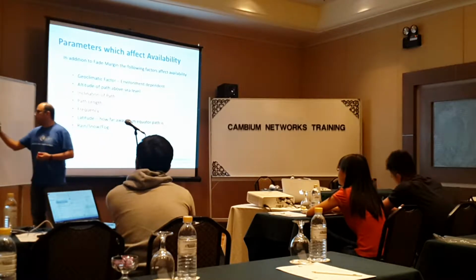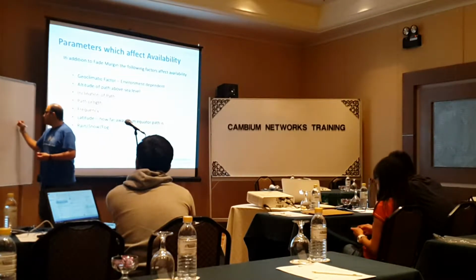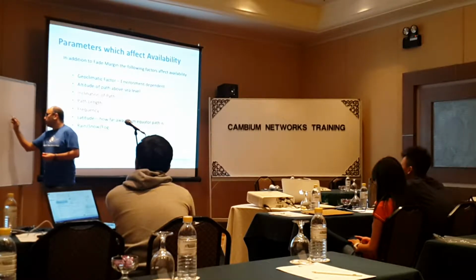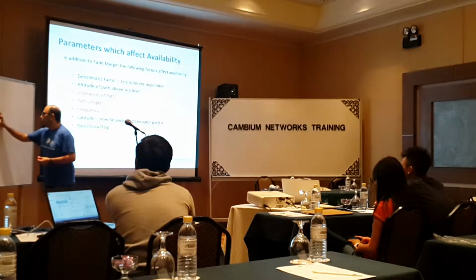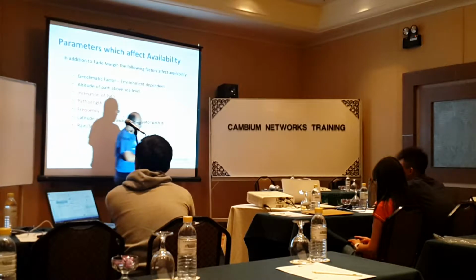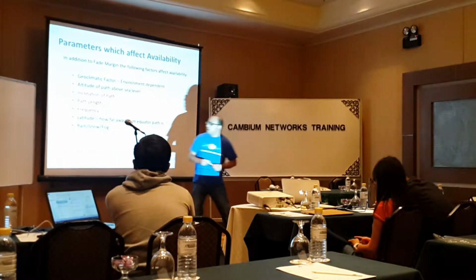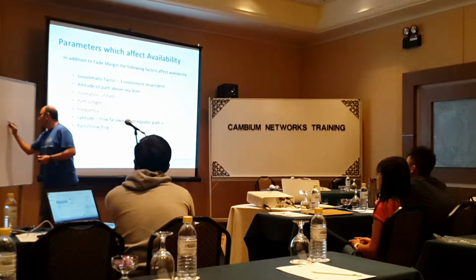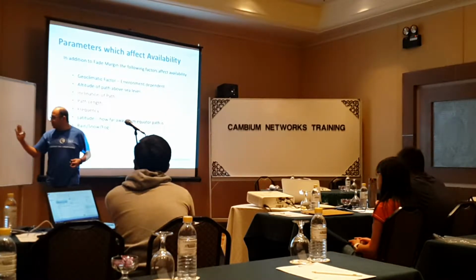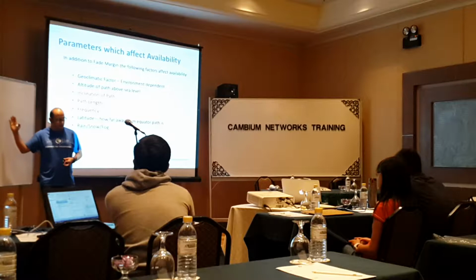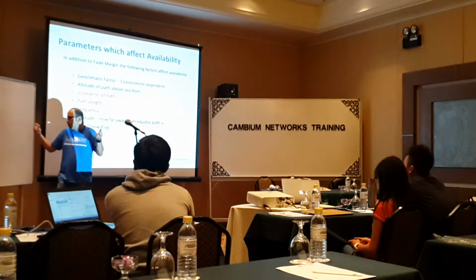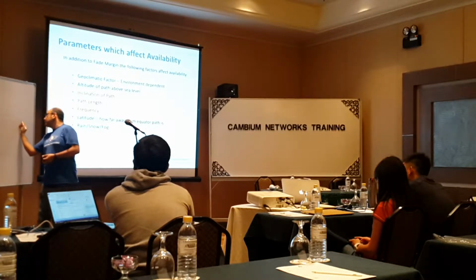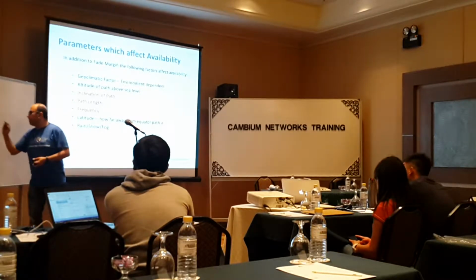For example, let's say this is your link and this is your line of sight, which should be clear for sure. If the line of sight is not clear, if an obstacle is in between, they won't connect. This is the line of sight, and this is what we call the Fresnel zone.